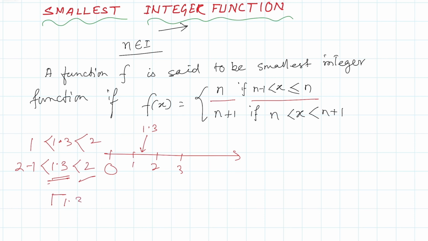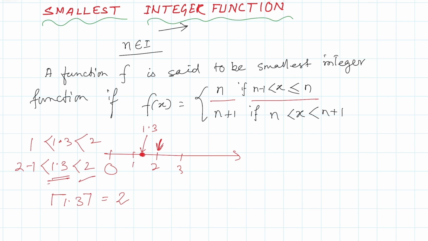So the ceiling function, or smallest integer function, of 1.3 must be equal to 2. That means if it is a fraction, then you have to take the smallest integer on the right hand side.